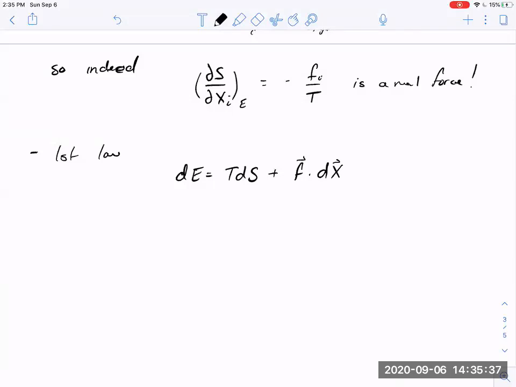Rearranging this gives us a differential change of the entropy in terms of 1 over T dE minus F over T dx.